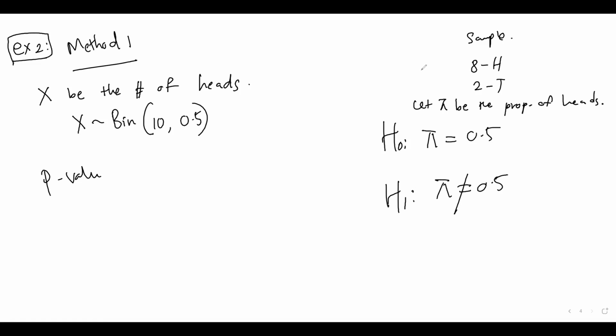So this is a two-sided test. Can you see it is a two-sided test? So if we are dealing with the number of heads, out of 8 and 2, what is the more extreme value? This one. Why do I say that?